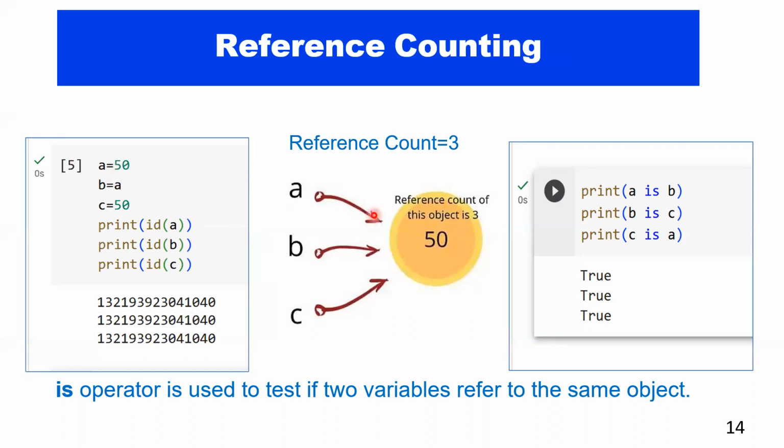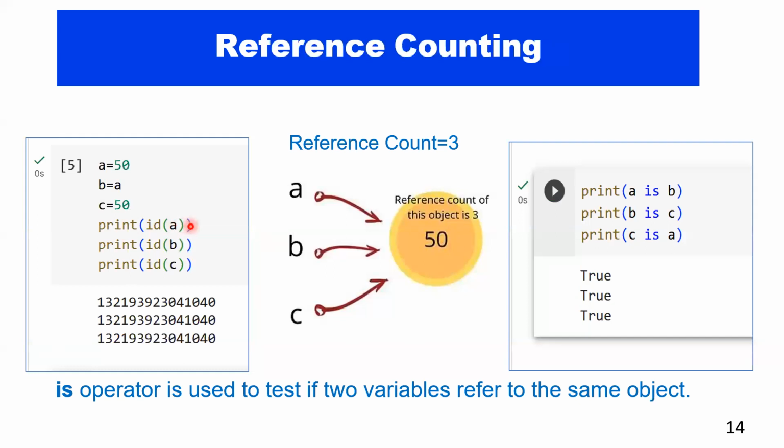Now let us see whether all these three variables are pointing to the same object or not by using the id function. The id function prints the value of the memory address of the object. So it refers to the memory where the object is being stored.